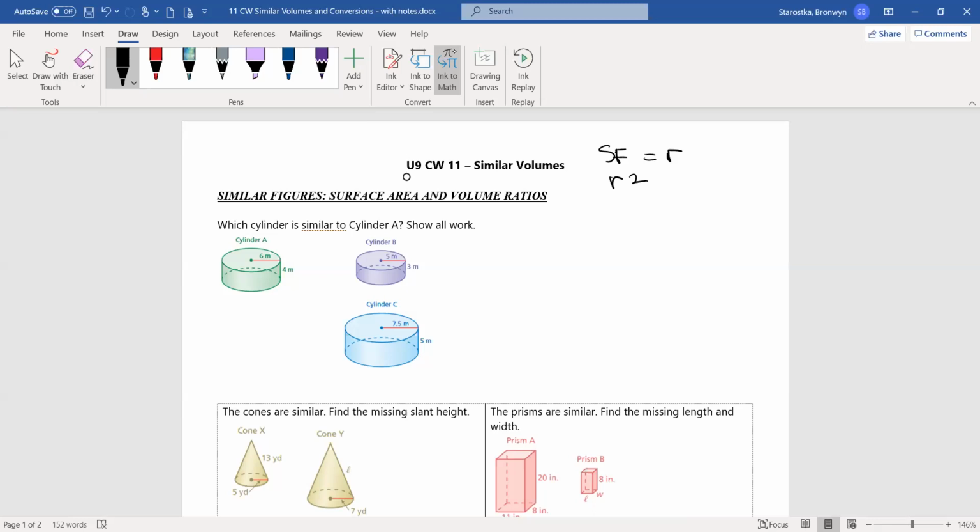Here we go. Which cylinder is similar to cylinder A? So is it A and B? Well, what do we do? We set up ratios of corresponding sides and see if they're proportional. So radius to radius.